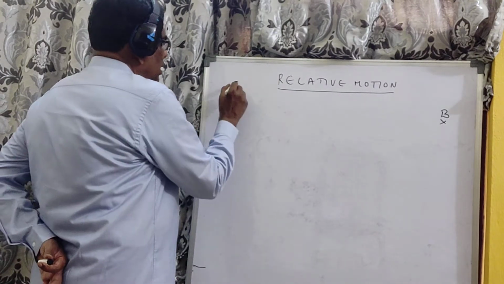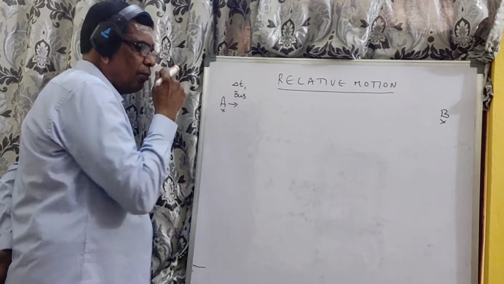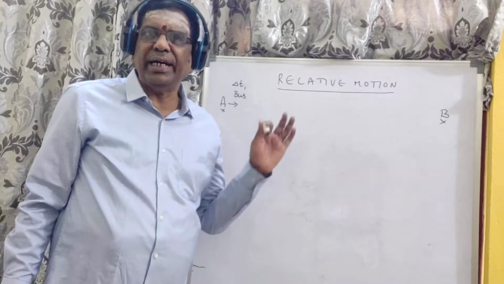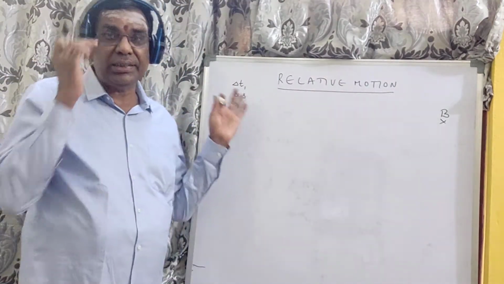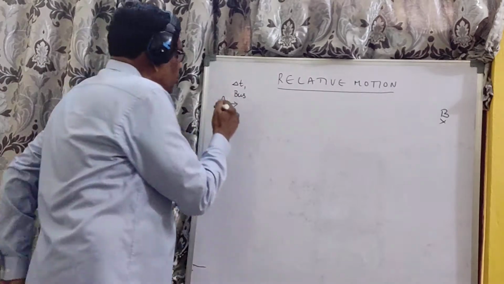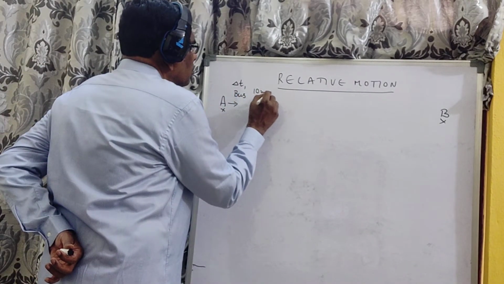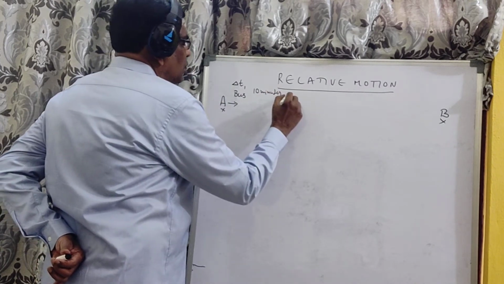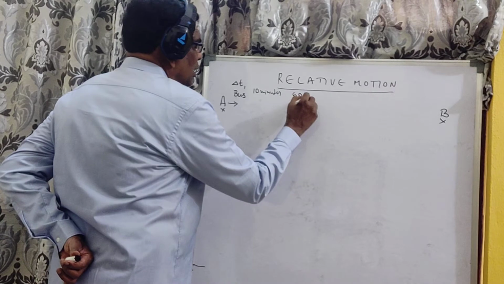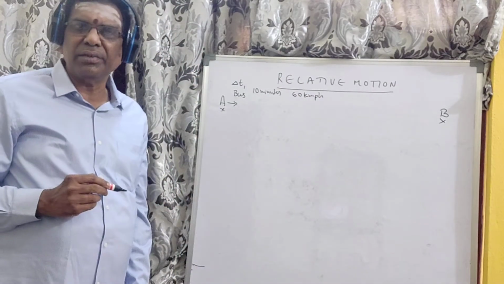Here one bus leaves every delta t1 time, maybe 10 minutes, 15 minutes, 20 minutes, 30 minutes. Okay, I'll give you every 10 minutes a bus leaves, and the bus constantly moves with 60 kilometers per hour.